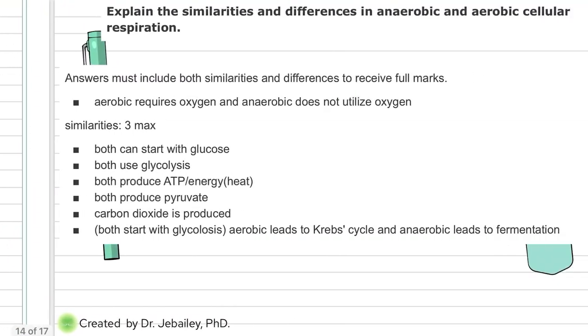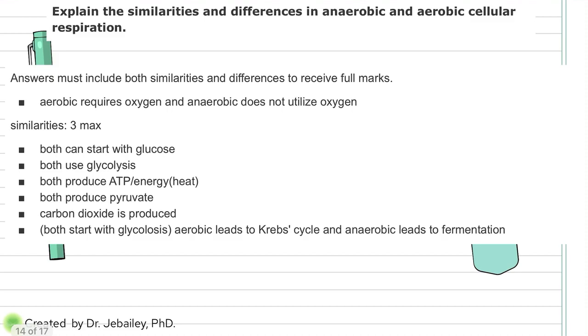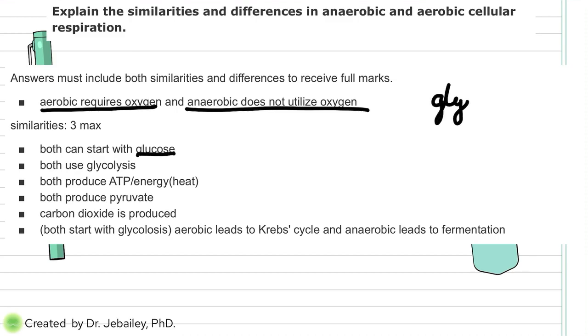Let's look at the mark scheme. The most important thing is aerobic has oxygen and anaerobic does not. That's the first difference that you have to put to get the full marks. Now for similarities, they both start with glucose. That is true because they both start with glycolysis, which is the breaking down of glucose, which it says here. And at the end of glycolysis, they both produce 2 ATP.